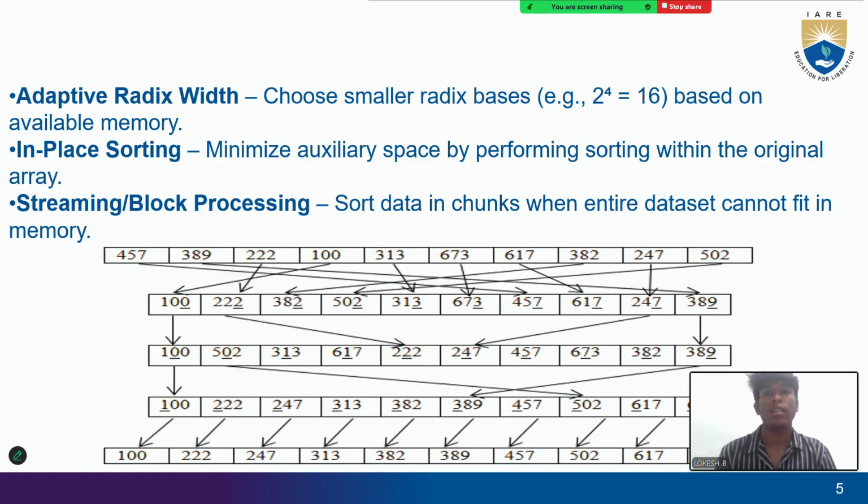In-place sorting: minimize auxiliary space by performing sorting within the original array. Streaming or block processing: sort data in chunks when the entire data set cannot fit in memory.